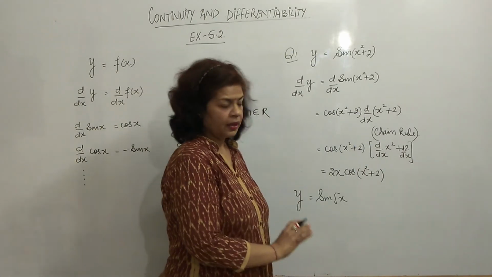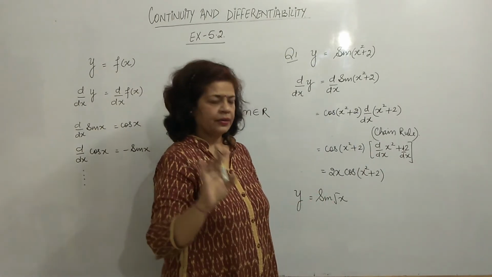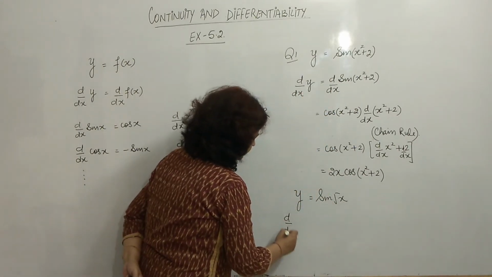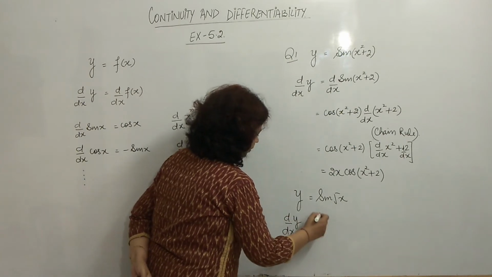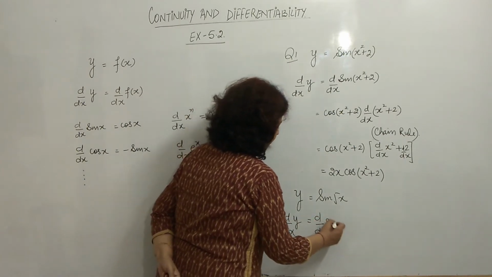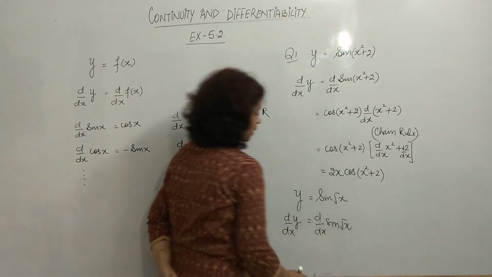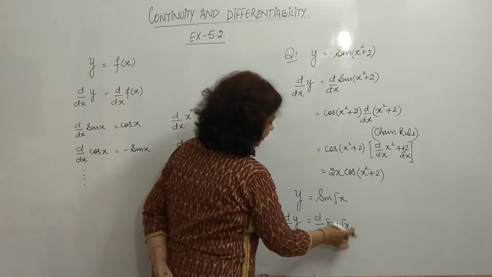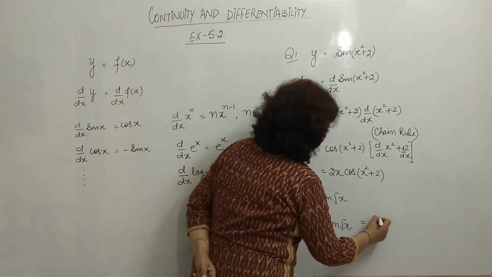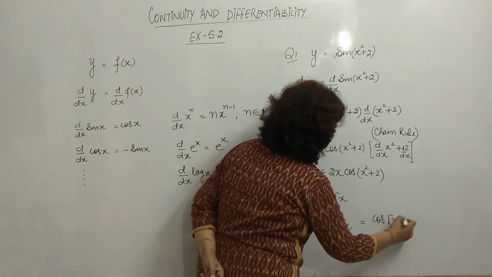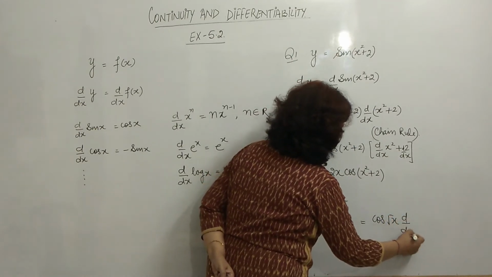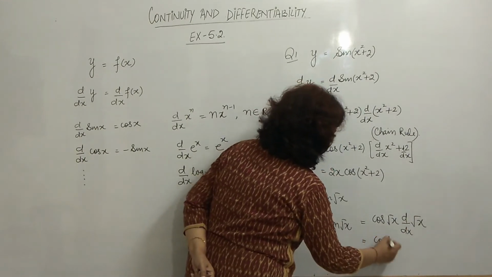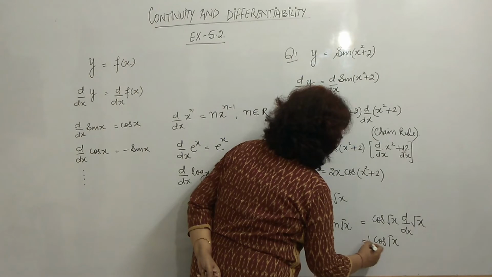I am just taking this question to make you understand this point more clearly. d by dx of sin root x. That means differentiate both sides with respect to x. Sin of something, here sin(x square plus 2), and here we have sin root x. So the derivative of sin root x is cos root x, and the derivative of root x, x to the power 1 by 2, becomes 1 by 2 root x.